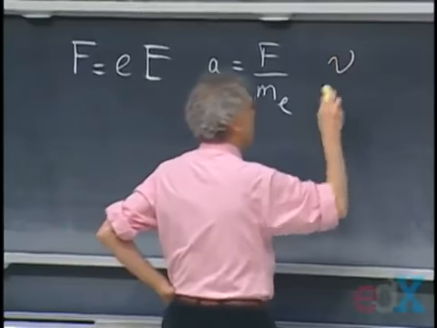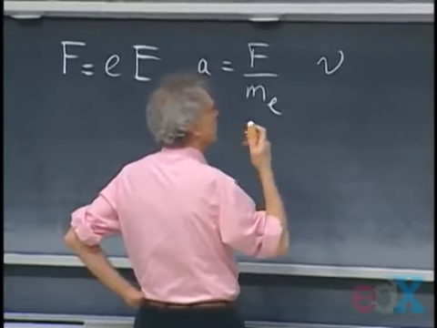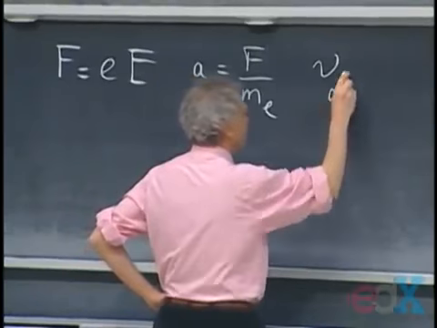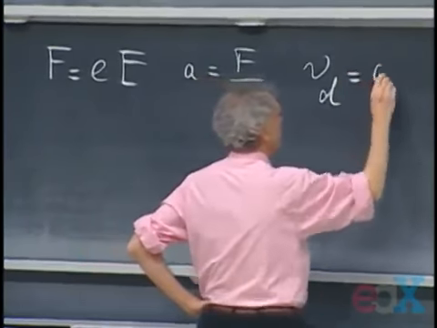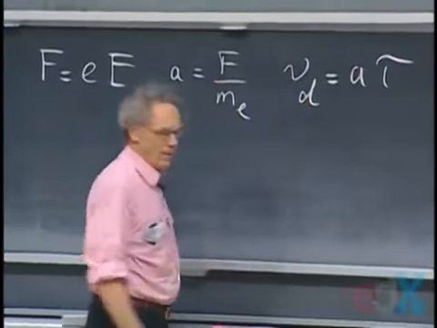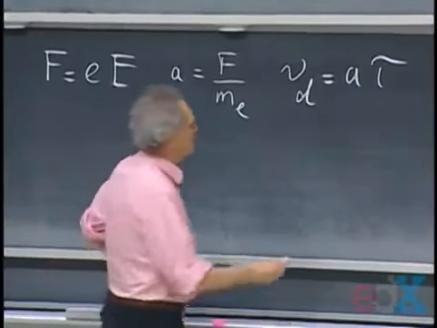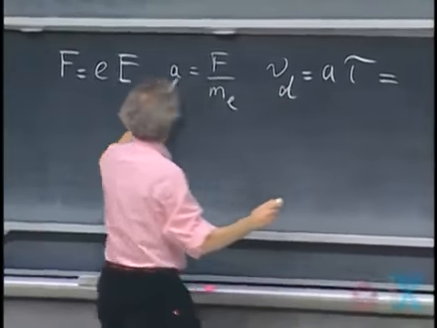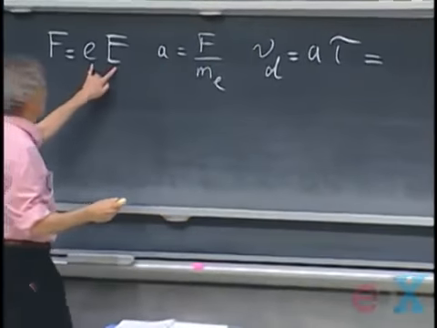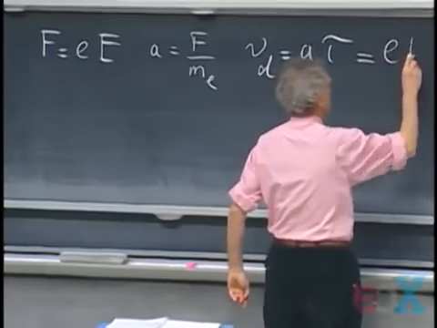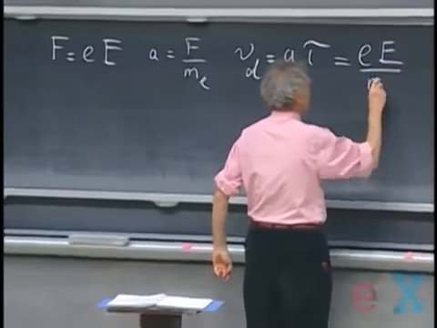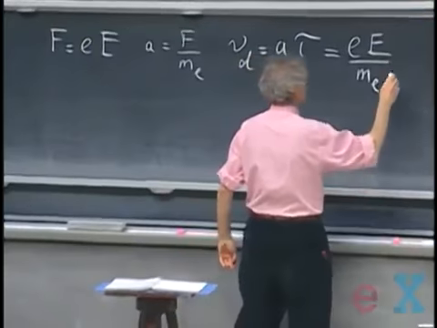And so now these electrons will experience an acceleration, which is the force divided by the mass of the electron. And so they will pick up a speed between these collisions, which we call the drift velocity, which is a times tau. And so a equals F divided by m_e. F is eE, so we get e times E divided by the mass of the electron times tau.